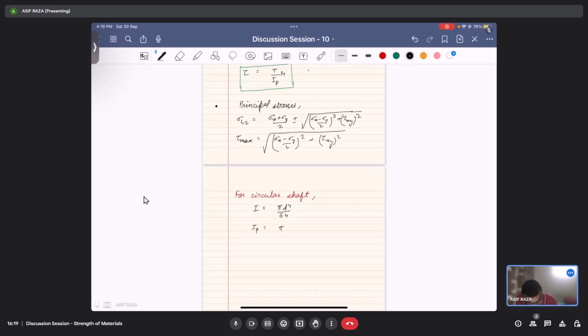For a circular shaft, I is pi d to the fourth by 64 and J is pi d to the fourth by 32. This thing is to be kept in mind.